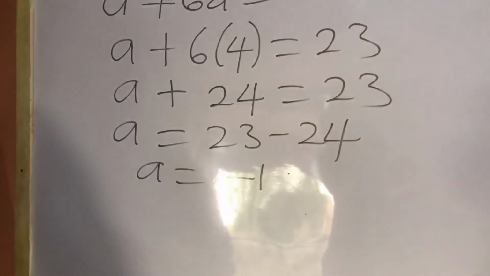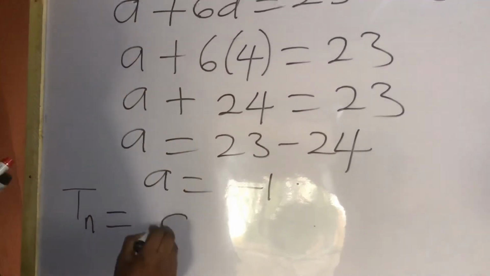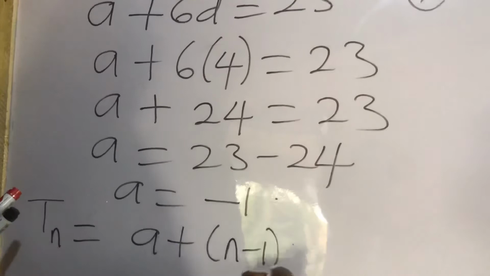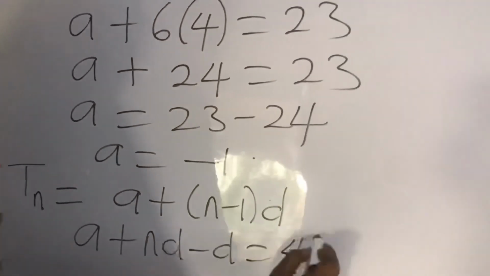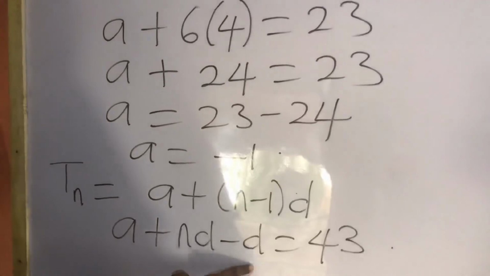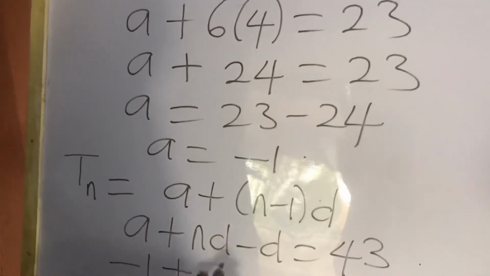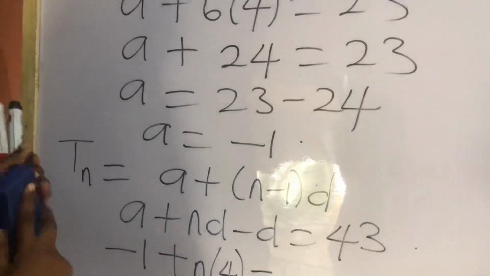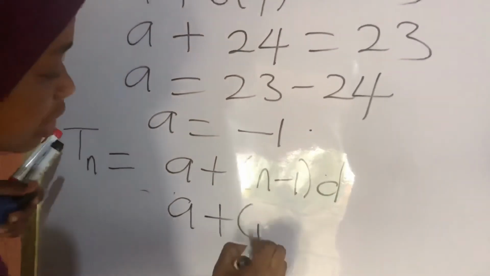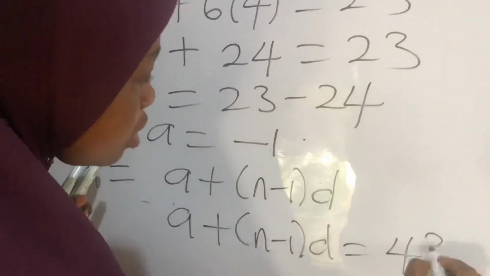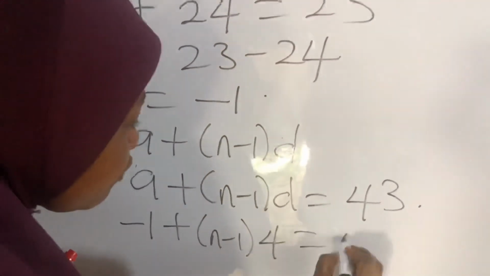So A is equal to minus 1. We have known the value of D, and we have known the value of A. From the nth term, which is A plus (N minus 1)D equal to 43, substitute the value of A and the value of D to find N. A is minus 1, D is 4. So minus 1 plus (N minus 1) multiplied by 4 is equal to 43.